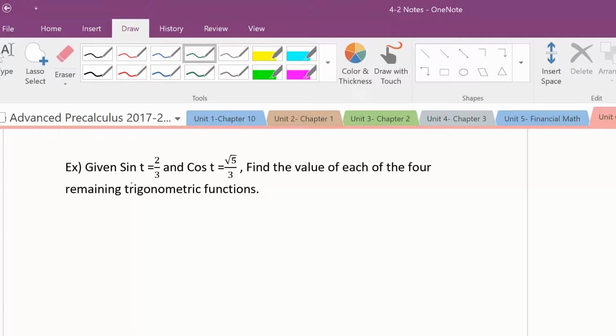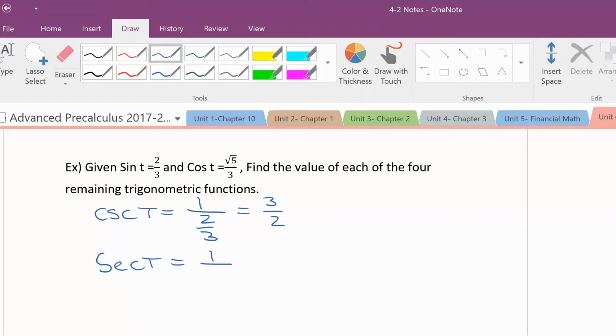Using identities to solve these problems. The sine is 2/3, the cosine is square root of 5 over 3. To find the cosecant, it's 1 over the sine, so it's 3/2. The secant is 1 over the cosine, which is 3 over rad 5, which when rationalized gives you 3 rad 5 over 5.